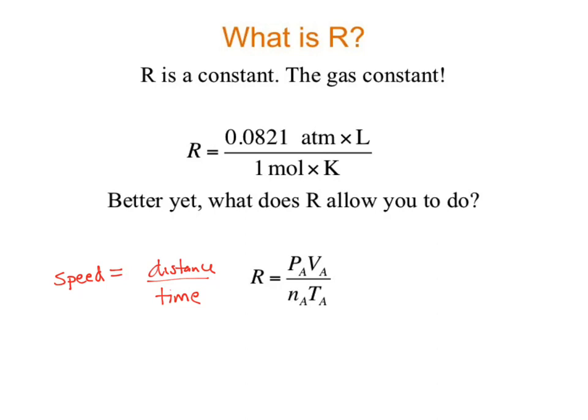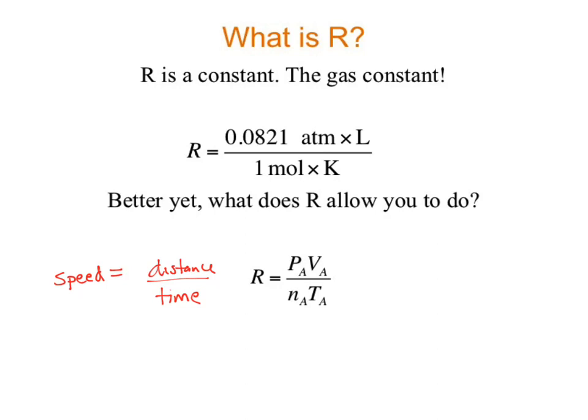What is R? It relates atmospheres, liters, moles, and Kelvin in a conversion factor. R is merely a conversion factor, allowing you to relate all of those units simultaneously. Okay? Speed is a conversion factor that only relates 2 units.